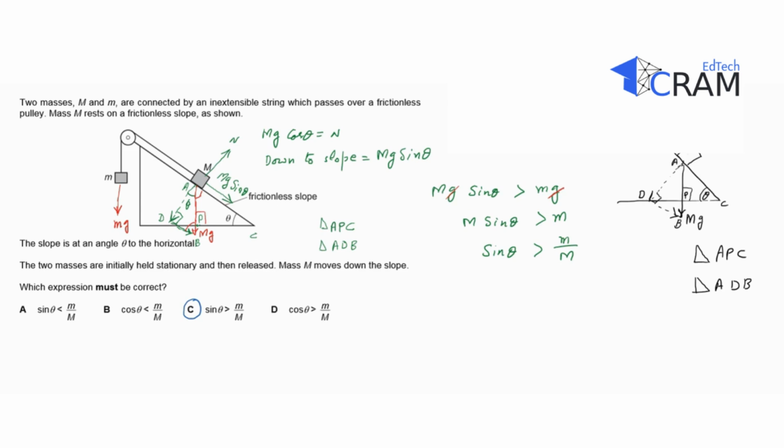This angle, shown in red, and this angle are equal, as they are alternate angles. So two angles are equal, and it is sure that the third angle will also be equal. If this is theta, then this is theta as well.